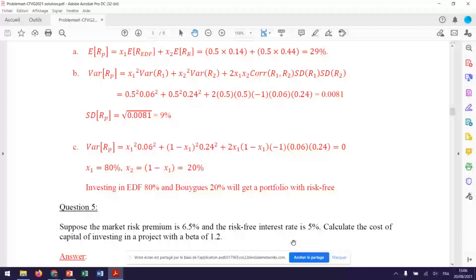This one is a project which has a beta of 1.2, which means you can apply the CAPM model. Okay, can anyone help me write the information we read from this?